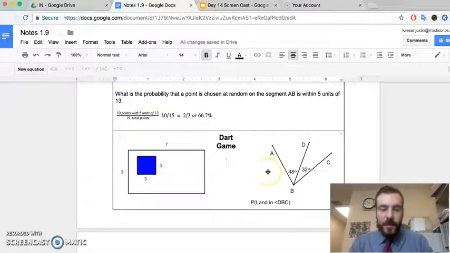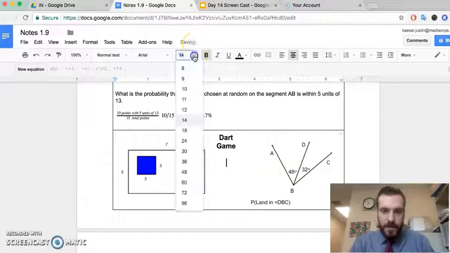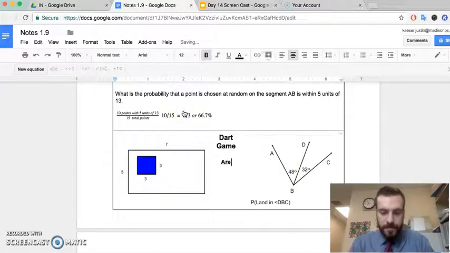So the total area is just 5 times 7, or length times width, so 5 times 7 is 35. And now the area of this little blue square is 9.